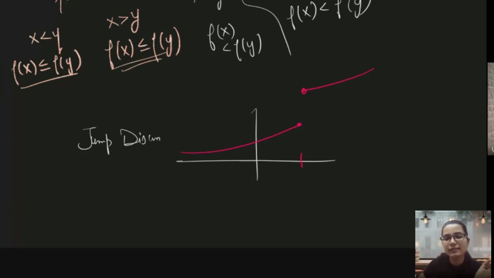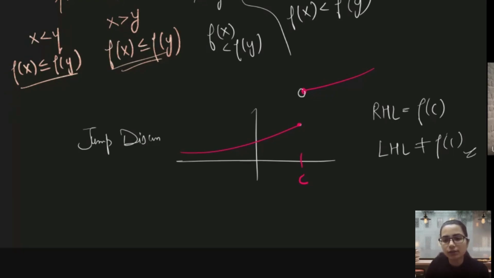So at any point C, let's say you have RHL equal to the functional value, but LHL is not equal to the functional value or RHL. This kind of discontinuity you can have, this is called jump discontinuity. This is where the function takes a value, this is a hole. So monotone functions can only have jump discontinuities. This is what you need to know about monotone functions.